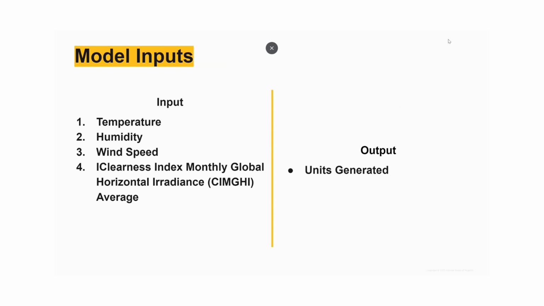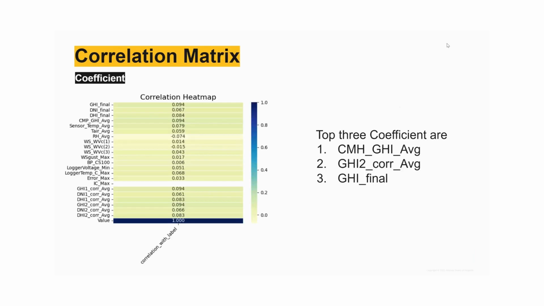So over here, just like I mentioned, we had five inputs, which were the temperature, humidity, wind speed, the clearance index, monthly global, and the irradiance as well. On the other hand, we only had one output, which was the units that were generated by the solar panel. So this was the correlation that we created of each feature against the units that were generated.